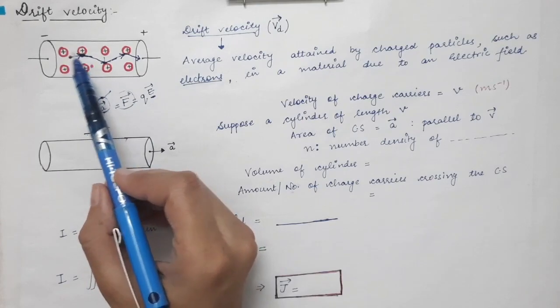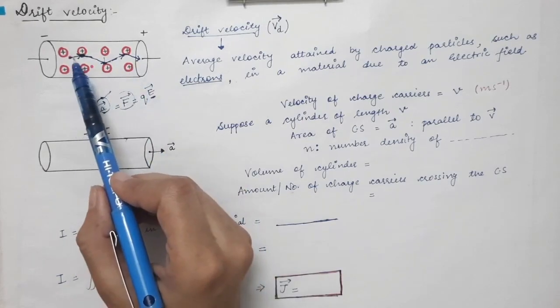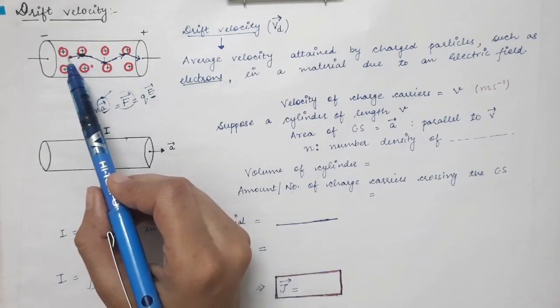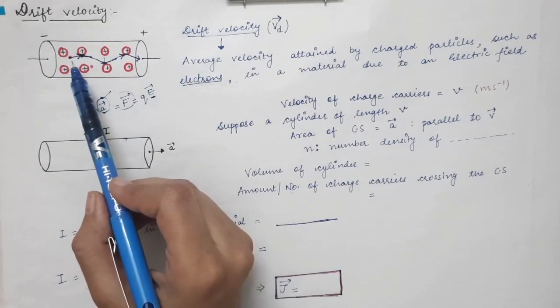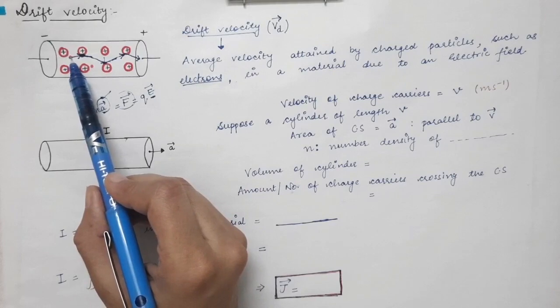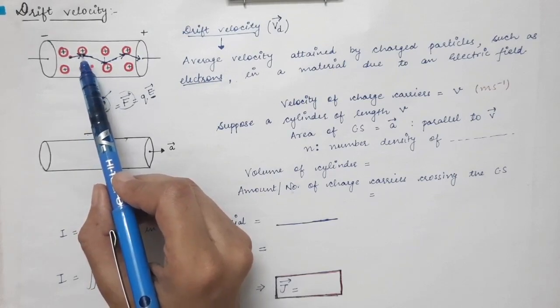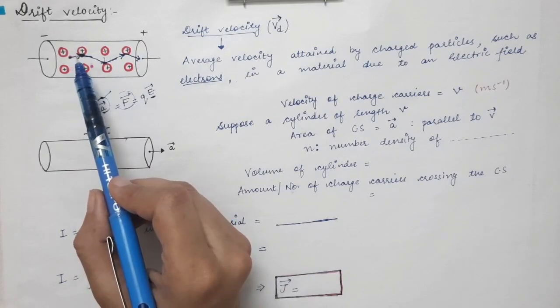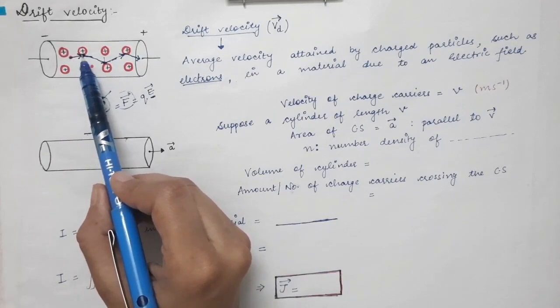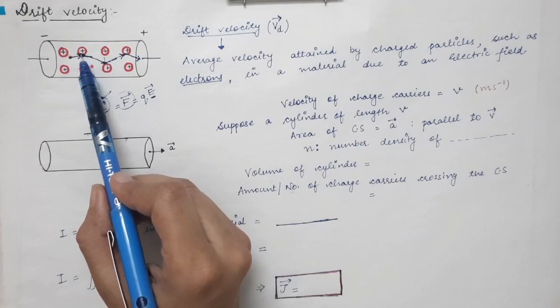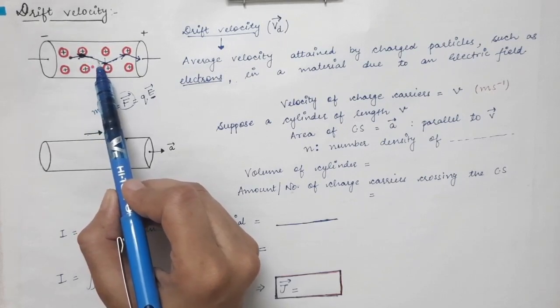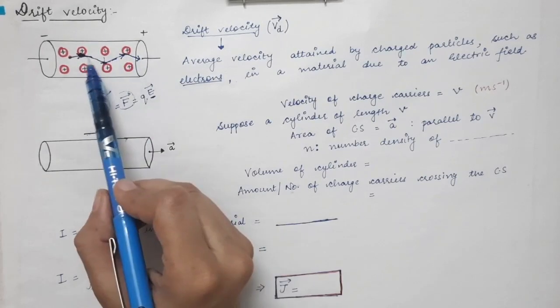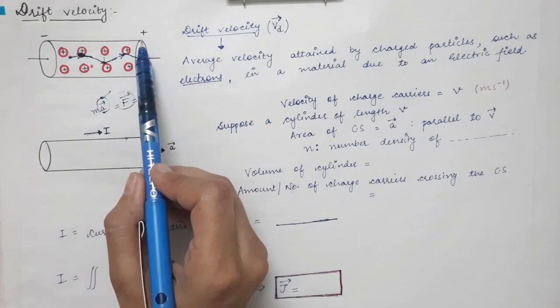In the real picture, there are positive ions and there are collisions which are encountered by these free electrons with the positive ions. So if the velocity of the electron is increasing on this path, after the collision it will drop to zero. The electron will transfer its energy to the positive ion. During this collision, the velocity of the electron will drop to almost zero. And after the collision, again its velocity will increase because the electron is under the influence of the electric field.